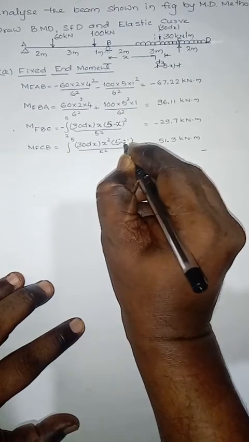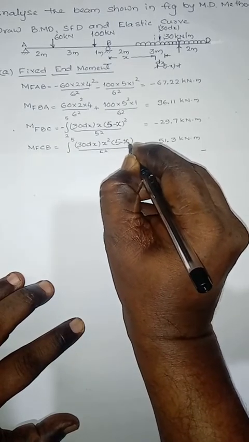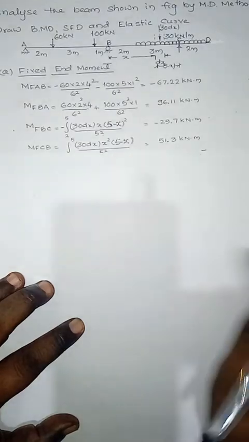Then similarly MFCB, that is W A square B by L square, that one is 30 into dx into x square into 5 minus x divided by 5 square, where A is x and B is 5 minus x. The total length is 5.